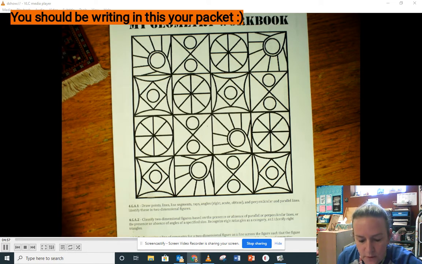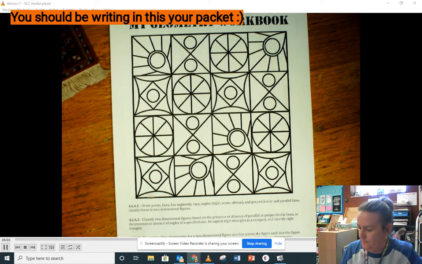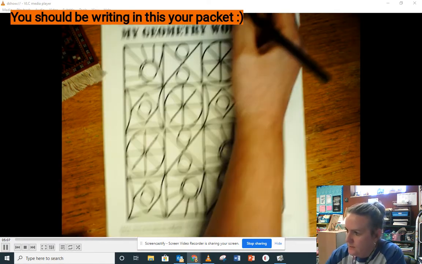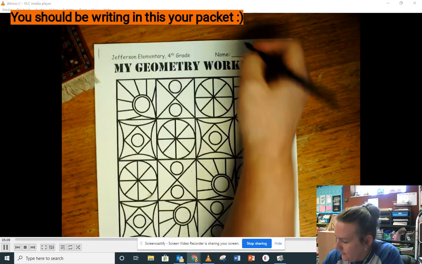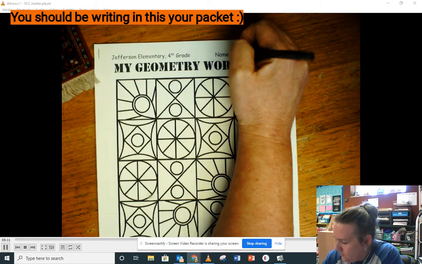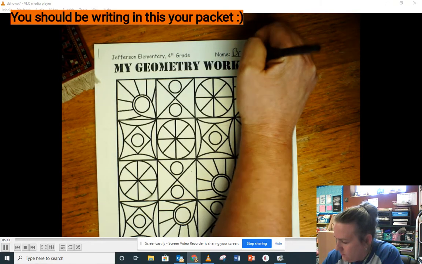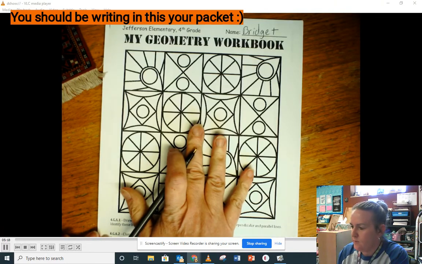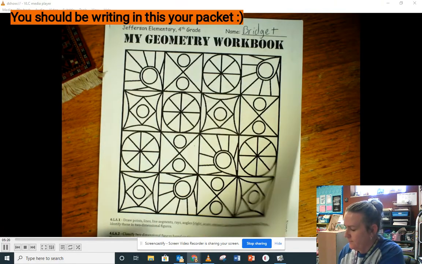Okay, we're going to start on the first page. So put your name up here at the top. And like I said in the first video, you can color this page later when you have time.